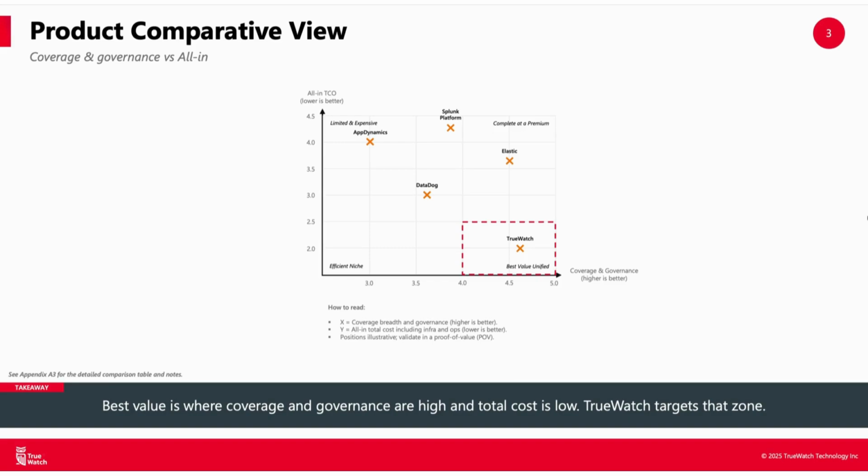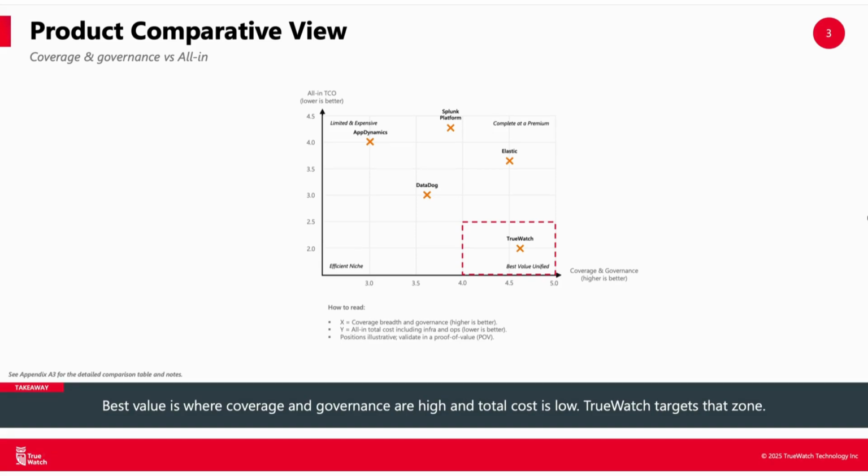And in terms of features, they have much more, but then again, there are certain areas such as cloud support that they might be lacking slightly as compared to TrueWatch, right, from a governance and coverage standpoint.